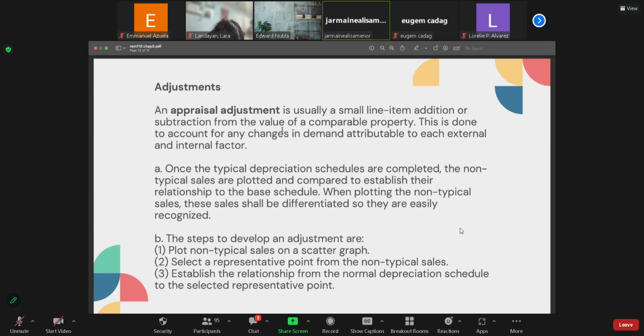In other words, the condition of this property is like a 20-year-old house and is selling like a 20-year-old house. Effective age allows an appraiser to group remodeled or reconditioned houses into the appropriate age grouping.